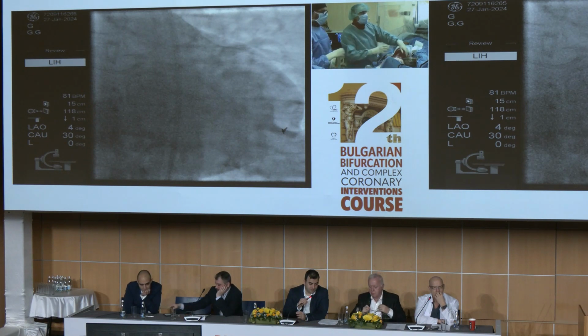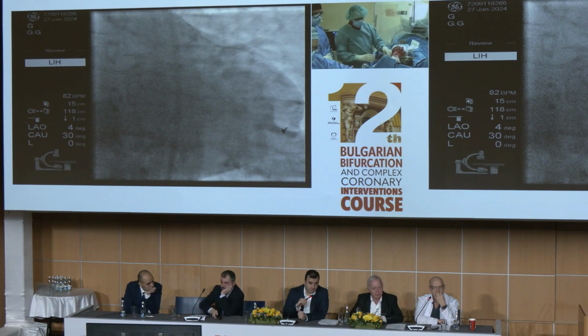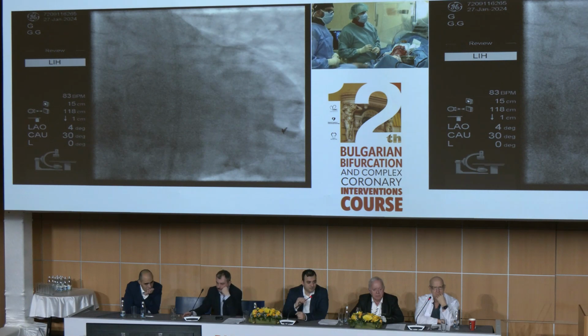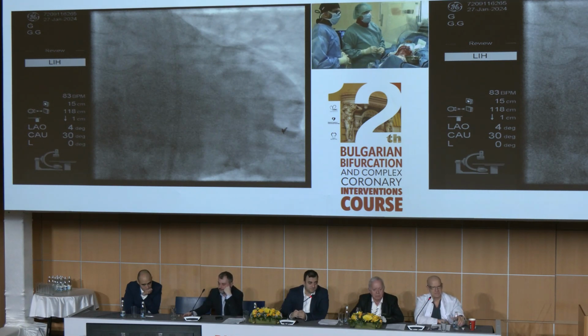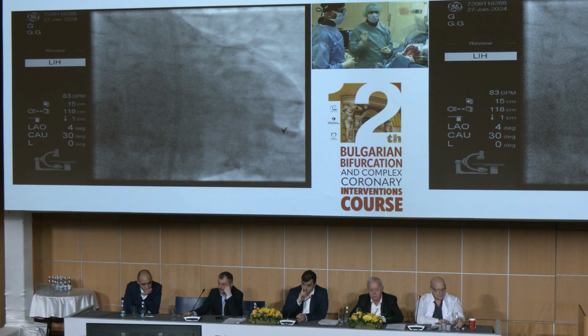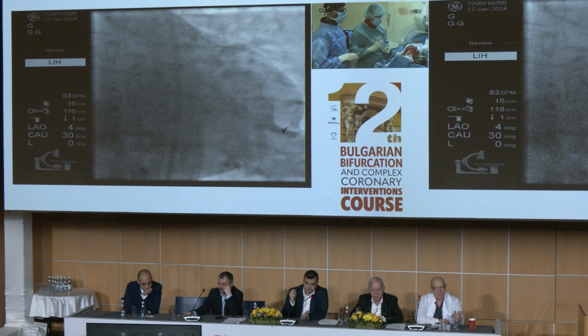And the other point is that from the stress echo, the lateral wall is not viable. The ejection fraction of this patient was normal, yes? It's 60%. 60% ejection fraction without viability of the lateral wall.